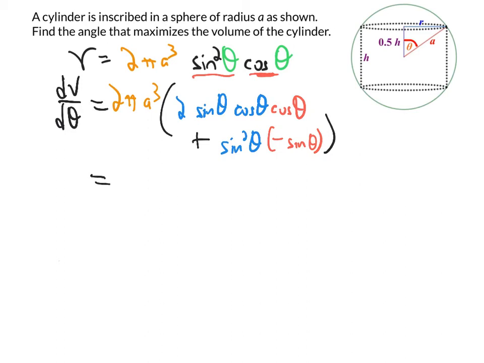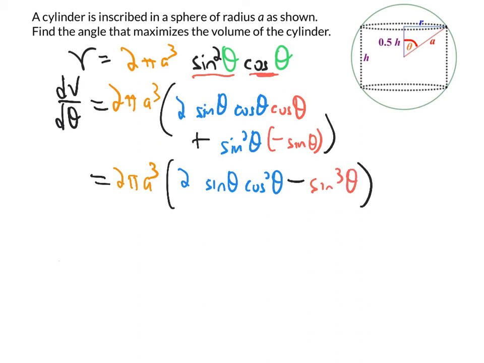Cleaning this up just a little bit, we have our constant just coming along out on the outside as always, and now we'll have two terms that are 2 sine theta cosine squared theta minus sine cubed theta. And those are our two terms from the product rule.